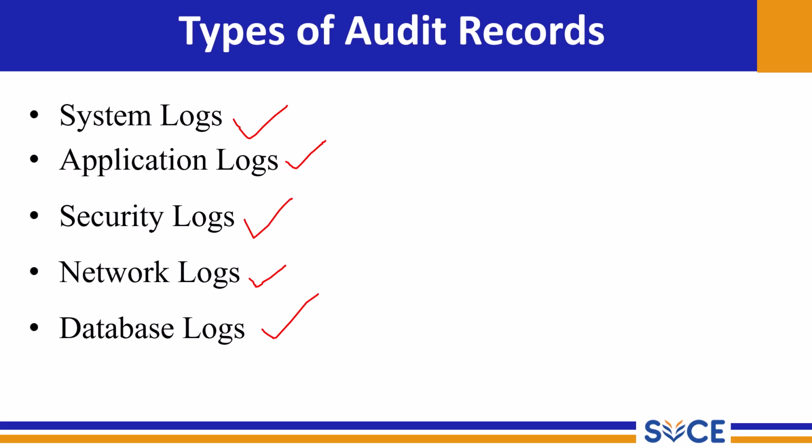And in database logs, a real-time example is a database service in the cloud logging every database connection, query executed, and changes to the database schema. Real-time analysis can help identify performance bottlenecks or suspicious query patterns.